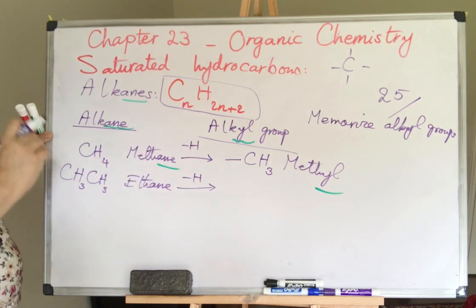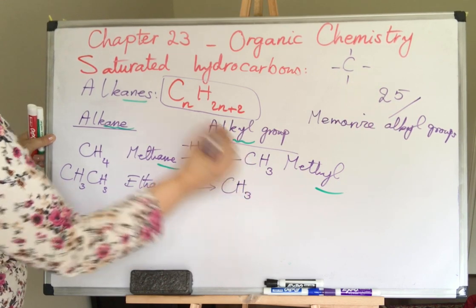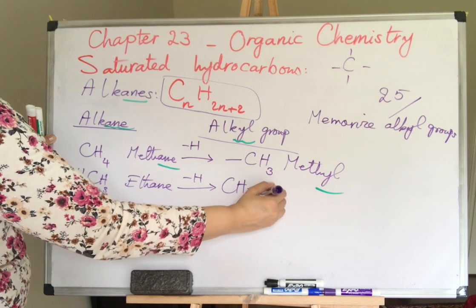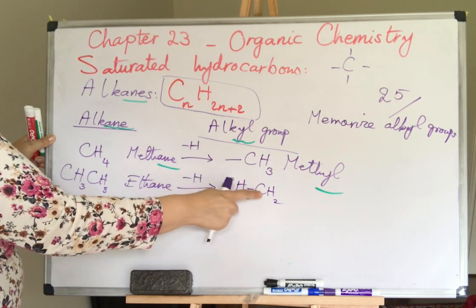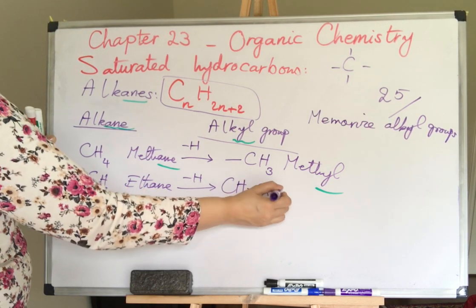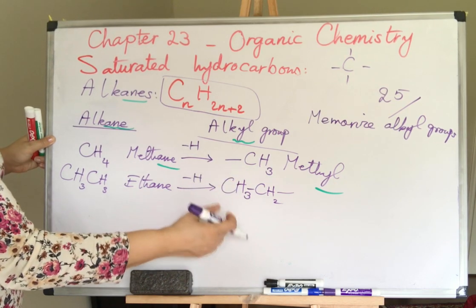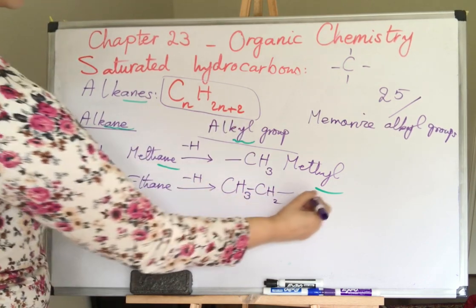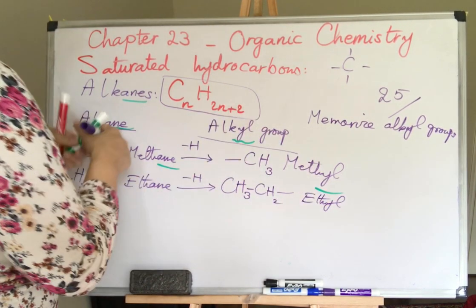Minus 1 hydrogen, so you will have CH3, and let's say you're taking the hydrogen from here, so CH3, CH2, right? This hydrogen has a complete octet, but not this carbon. So it cannot exist by itself. It has to be a branch on another structure. So instead of ethane, we call it ethyl.